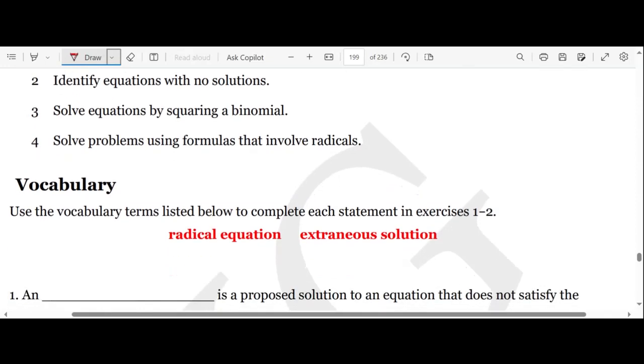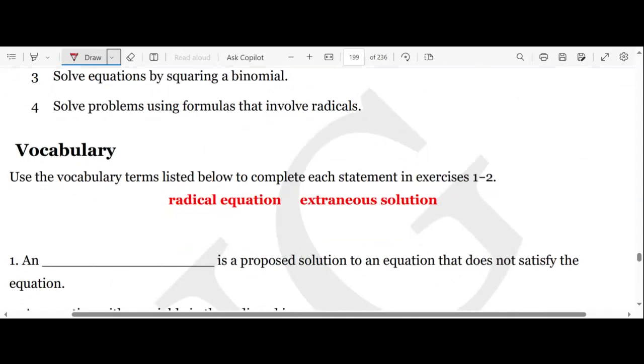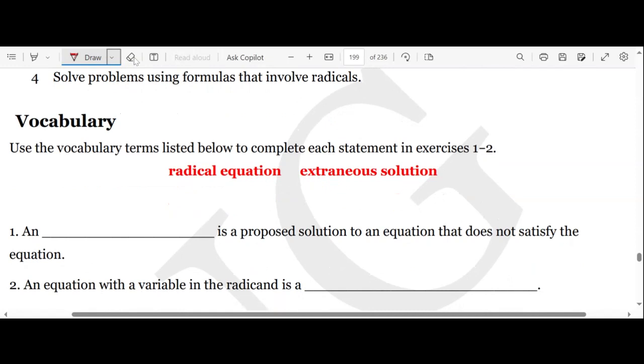Vocabulary. Radical equation. Extraneous solution. What does extraneous solution mean? Okay.